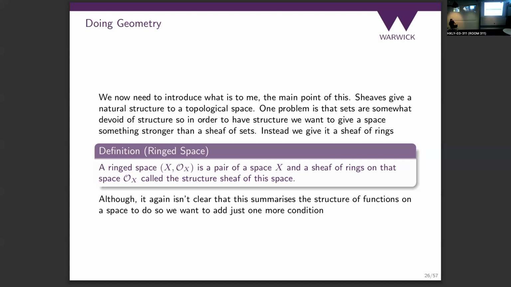So it's just a space with a sheaf of rings. Now this is good. This gives us a lot of the structure we want. But it doesn't have all the properties we want.